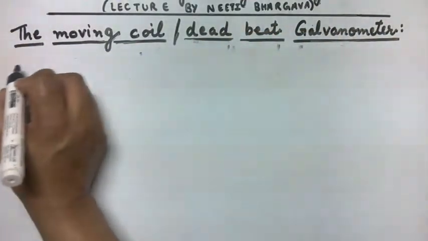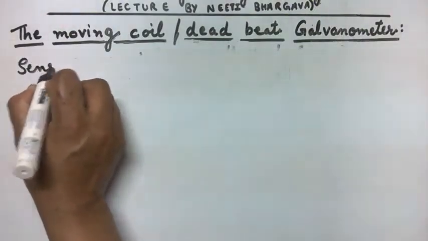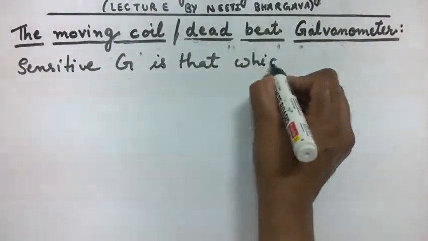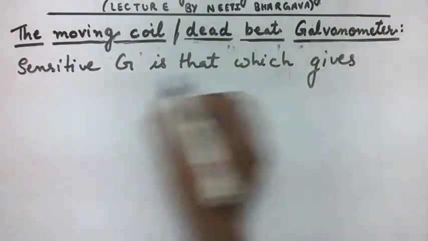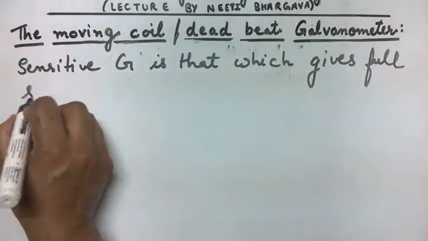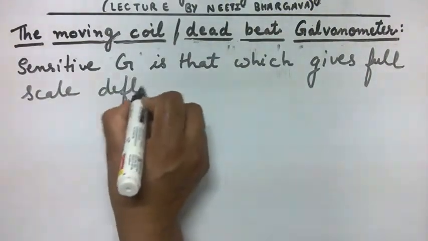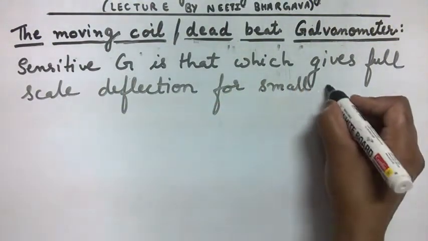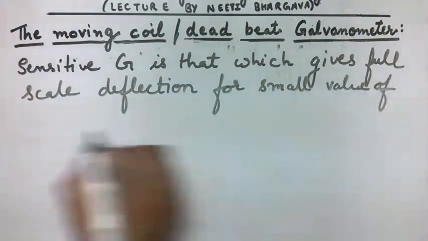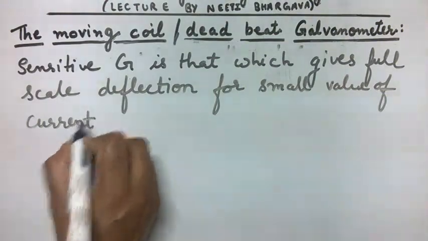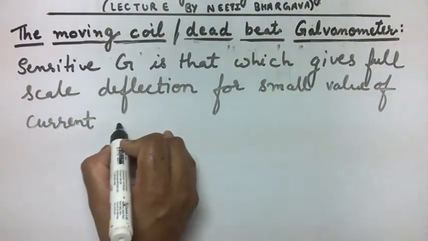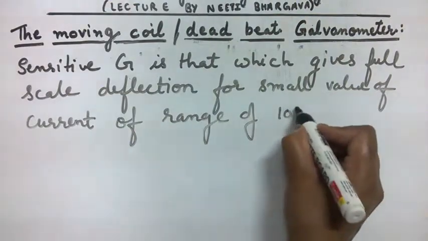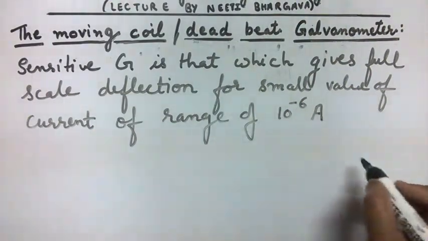A galvanometer is said to be sensitive which gives full scale deflection for a small value of current, of the range of 10 raised to the power minus 6 ampere, that is, 1 microampere.